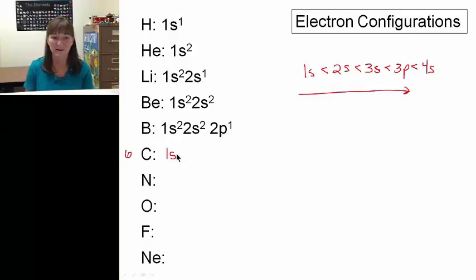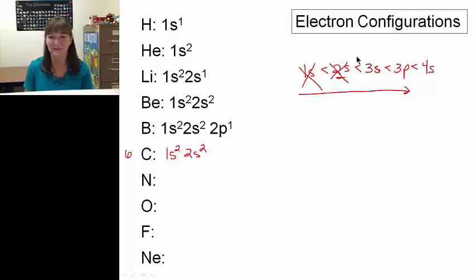I write down the 1s first, and now here's where you have to rely on your memory. You have memorized the s's can only hold 2 electrons. It's important that you make it a superscript up here. So we've used up the 1s's. What comes next is the 2s's. So you write down 2s, and from your memory, s's can only hold 2 electrons. So we've used up 4 electrons, so we only have 2 more left to go.